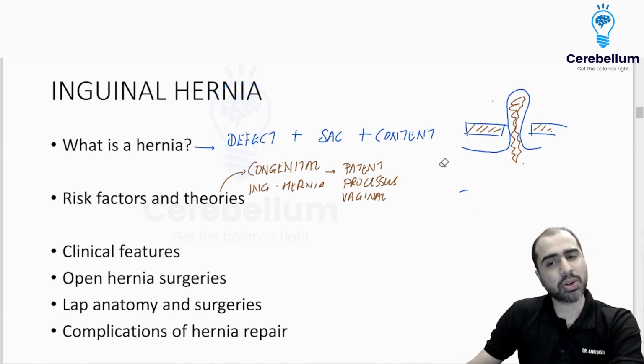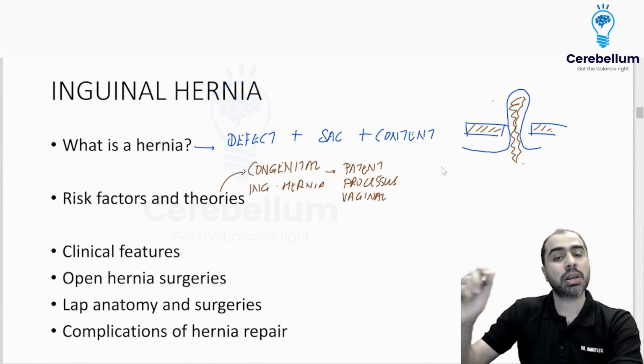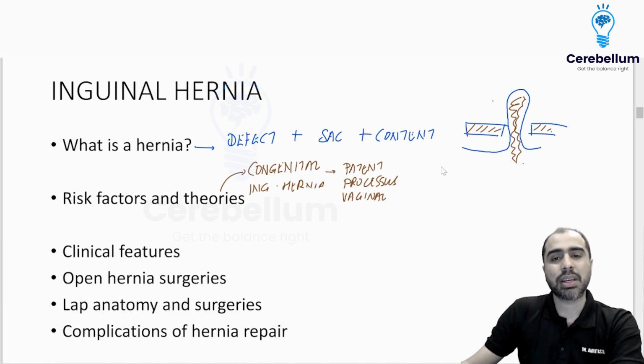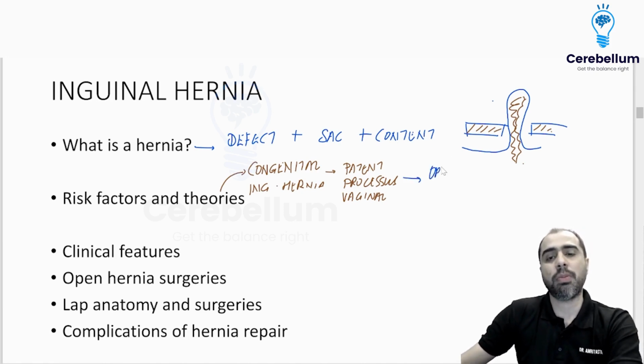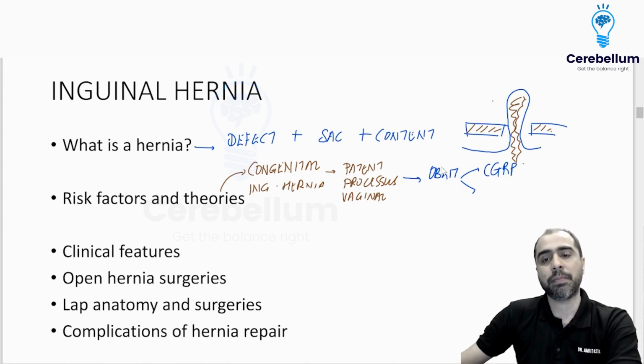Congenital hydrocele also has the same pathogenesis. Now the theory is that the patent processus vaginalis gets obliterated due to two hormones. One is called calcitonin gene related peptide, CGRP, and the other is called hepatocyte growth factor.